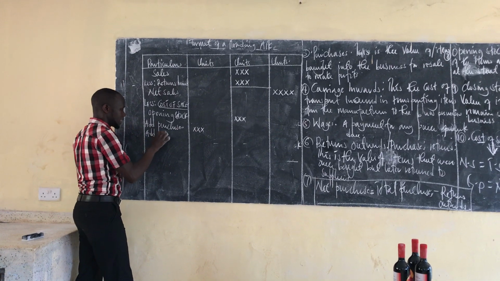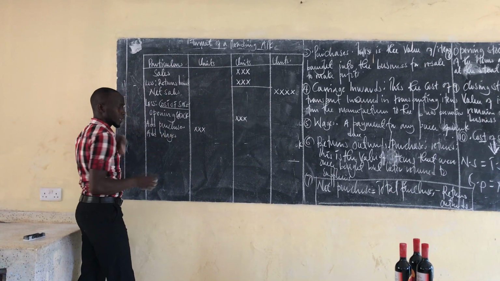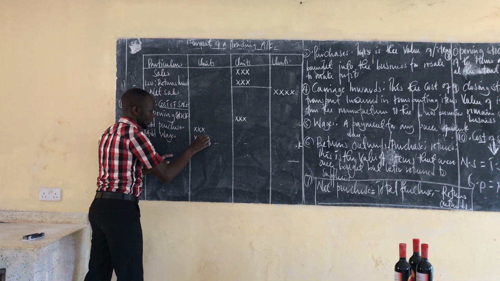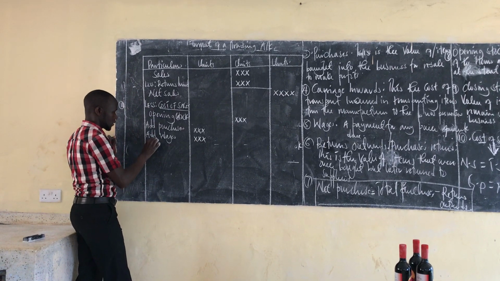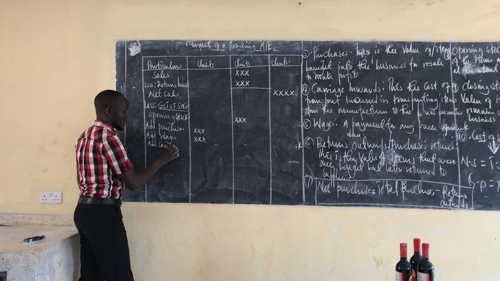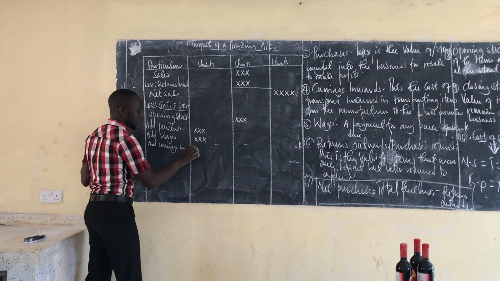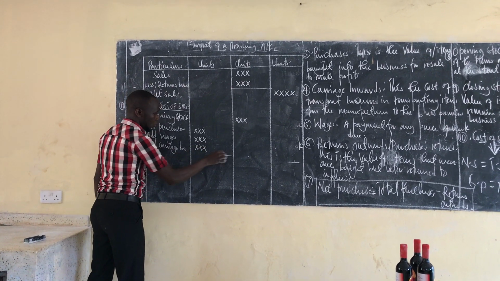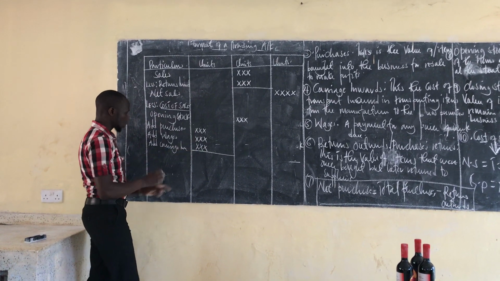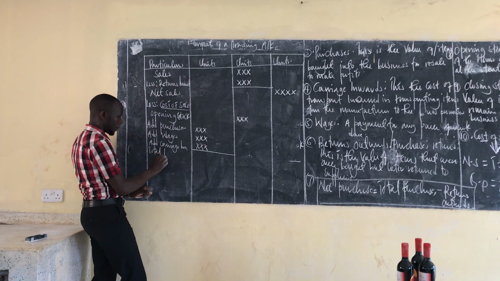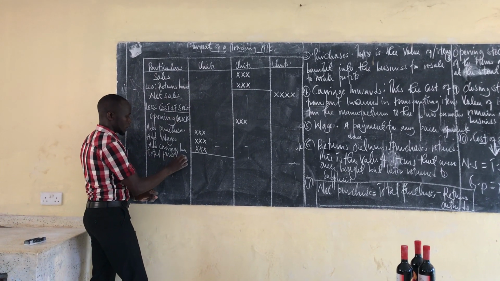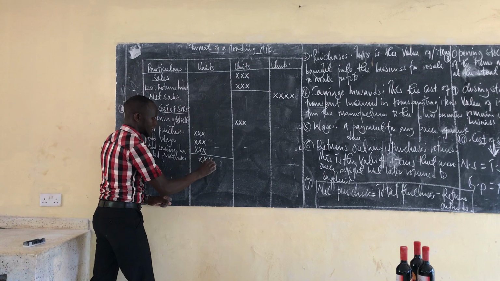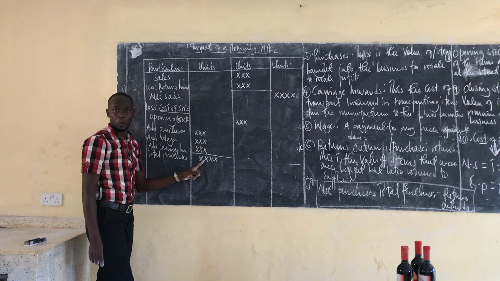You add wages, assuming the question indicates wages. Then add carriage inwards. What you get here are the total purchases. And this is the value. I'm assuming this is the value for total purchases.